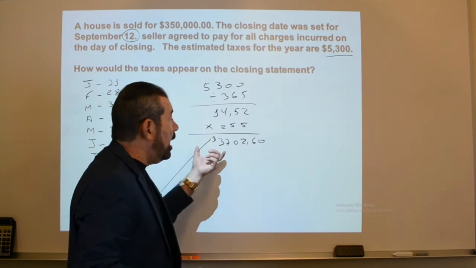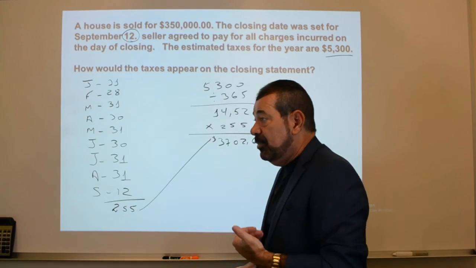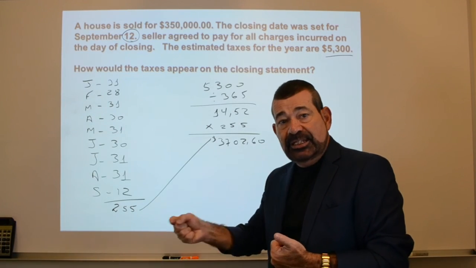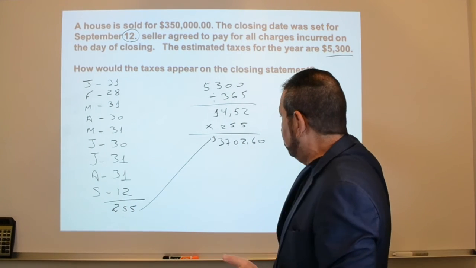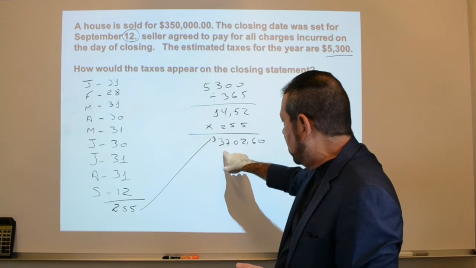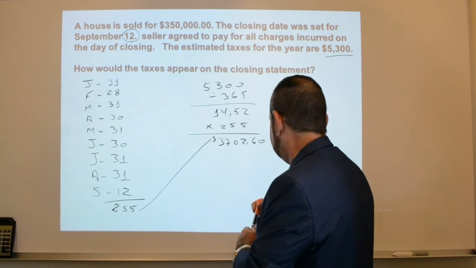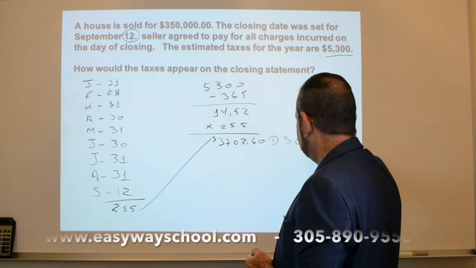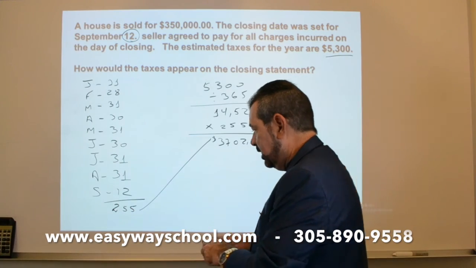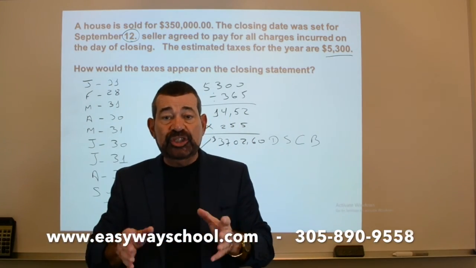And the buyer is receiving the money, so that is credit to buyer. So how is that going to appear on the closing statement? Is $3,702.60 debit seller, credit buyer. That's how you do the calculation, and that's how you understand the reason why you have to do this.